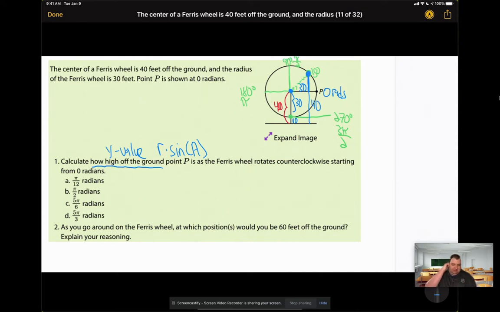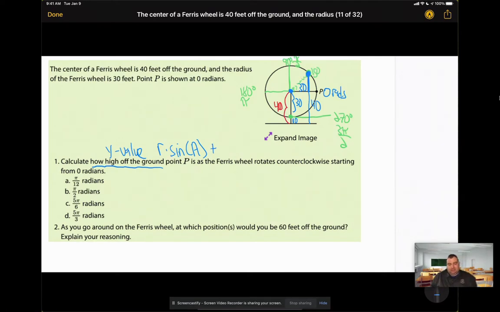Okay, remember the center is 40 feet off the ground. So the y value of the point will give me the height down to the center, and then from the center to the ground is going to be 40 feet.